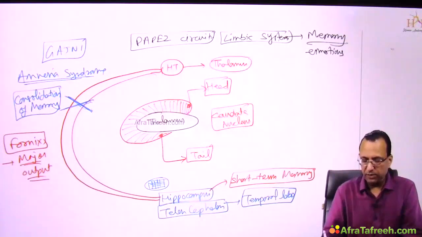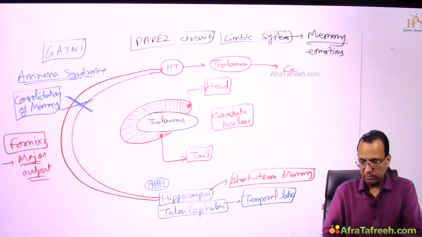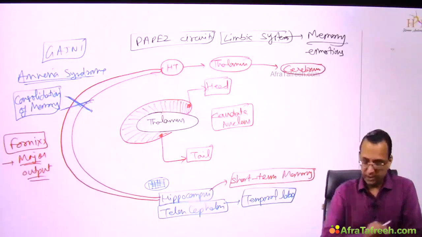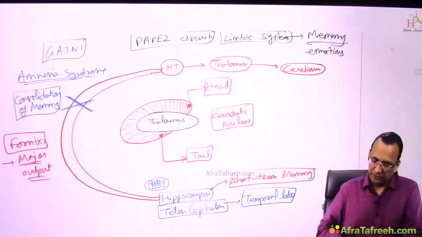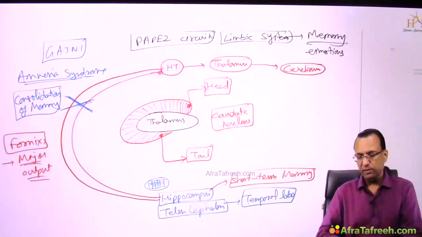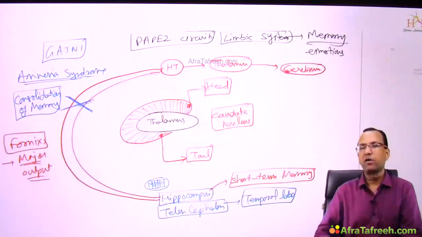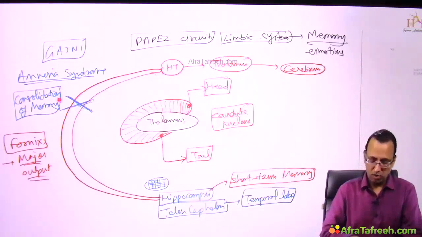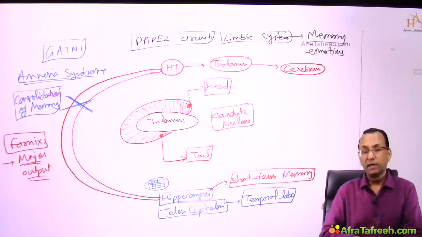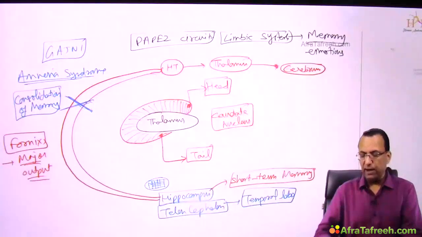And then the thalamus will send it to the cerebrum, because once the memory is spread across the cerebrum, it becomes long-term memory.